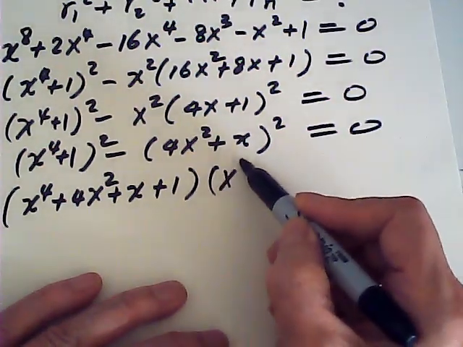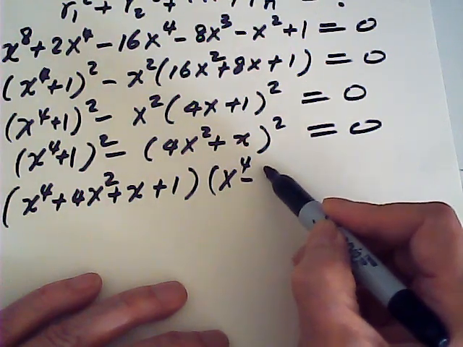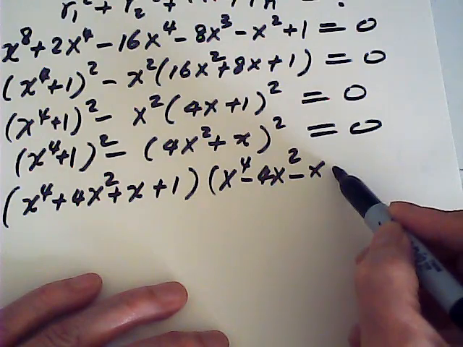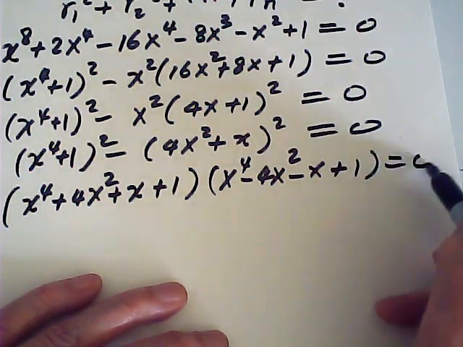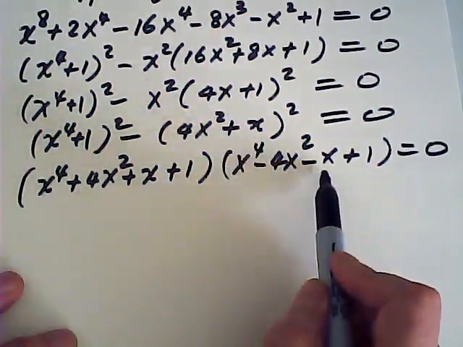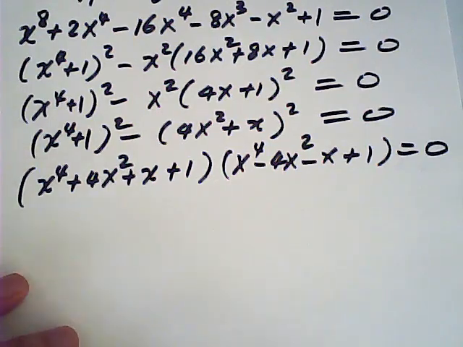This is x fourth minus 4x squared minus x plus 1. This minus this times this plus this is this.